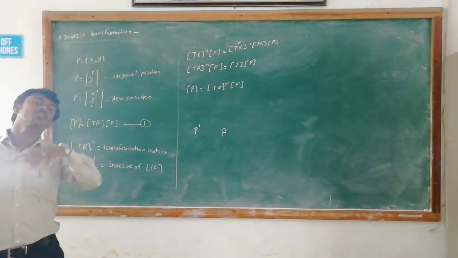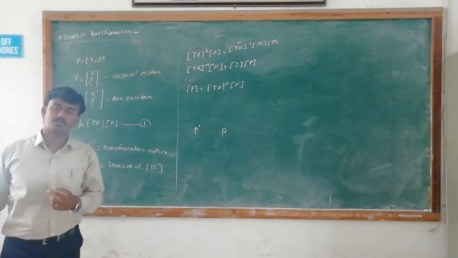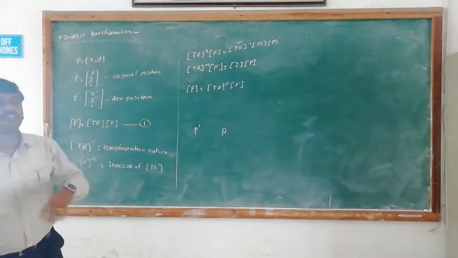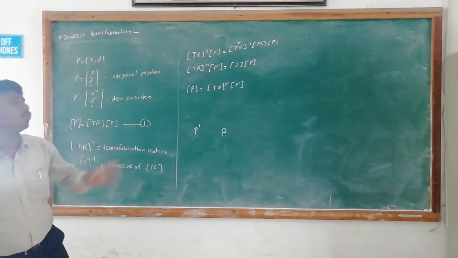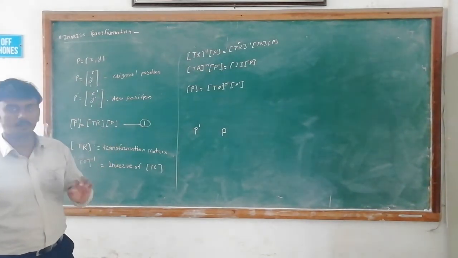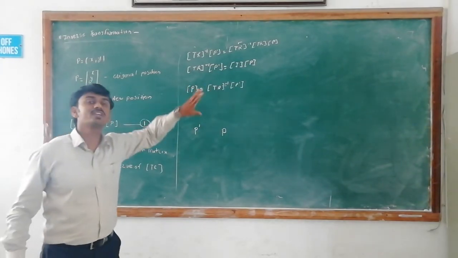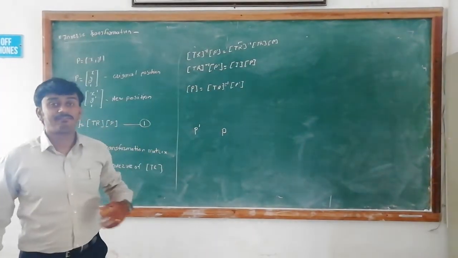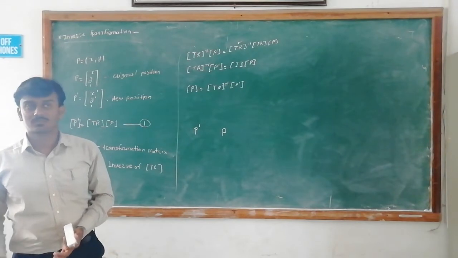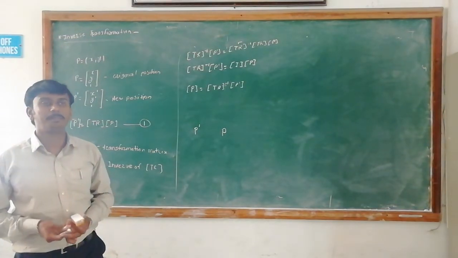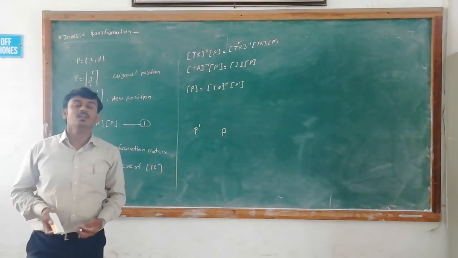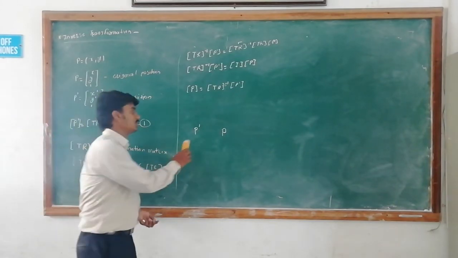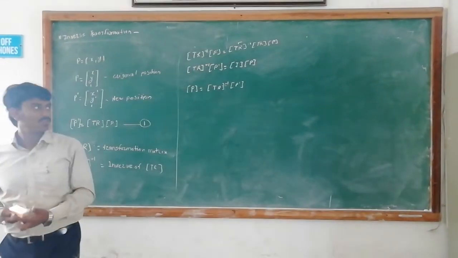If we are given the new position of the point P, then how can we find the original position of the point P? By using the inverse transformation, we can find the original position of the point P when the new position is given. So this is the use of the inverse transformation.